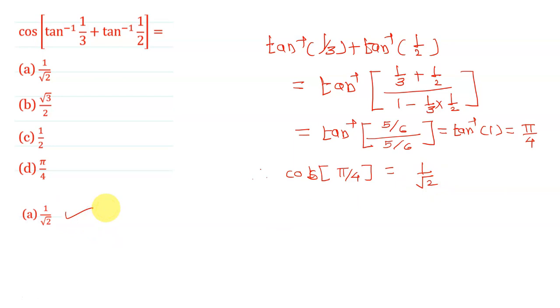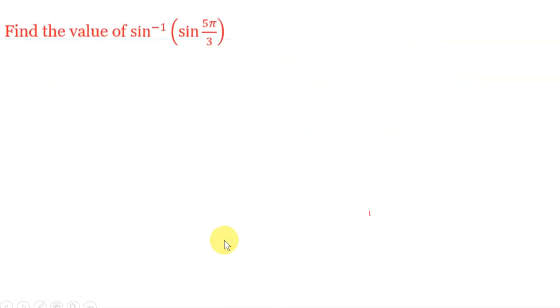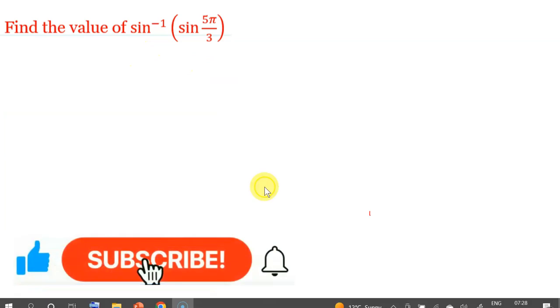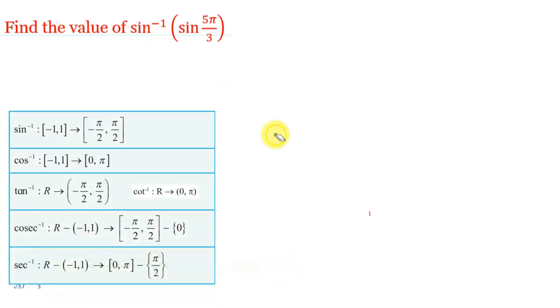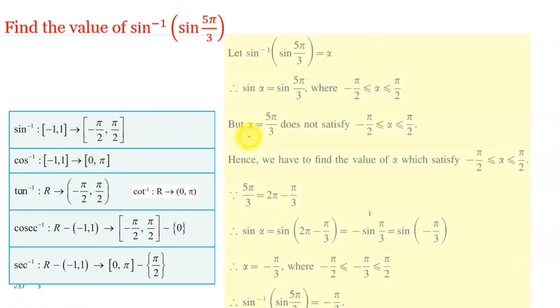Okay. Now the next, find the value of sine inverse of sine of 5 pi by 3. Now here we must know this range: sine inverse lies between minus pi by 2 to plus pi by 2.